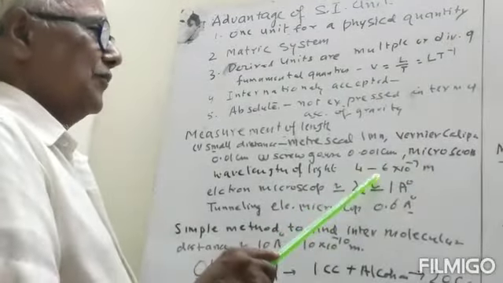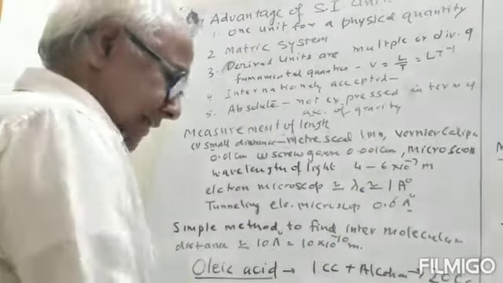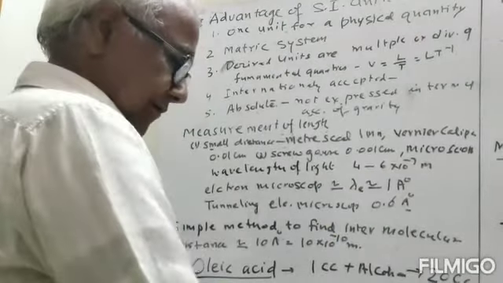So with the help of an electron microscope, we can measure a distance of 1 angstrom. 1 angstrom is of the order of 10 raised to minus 10 meter.